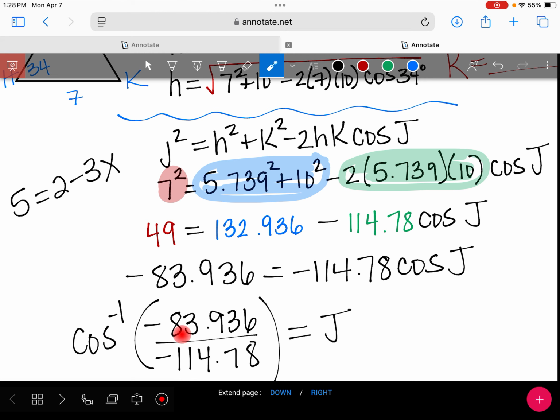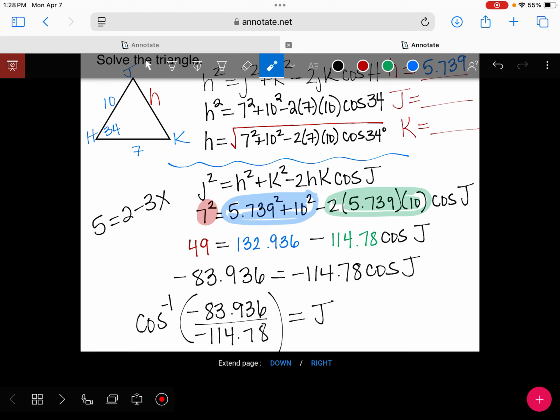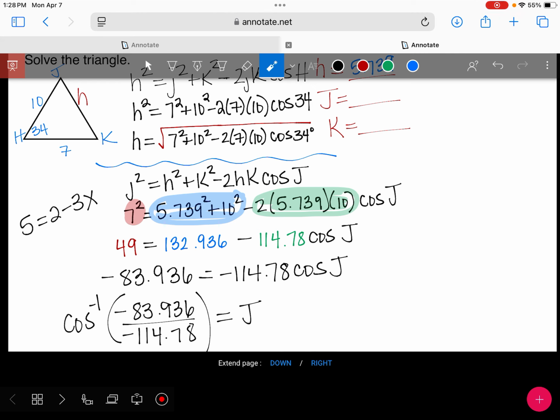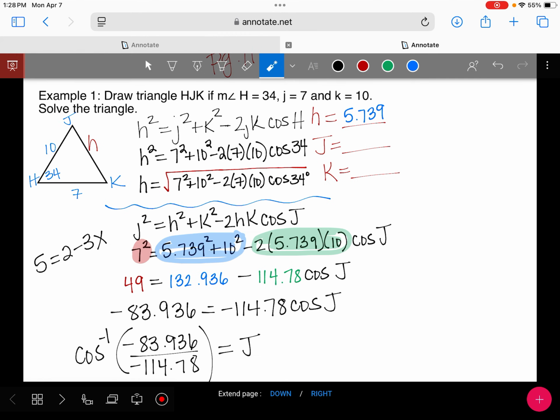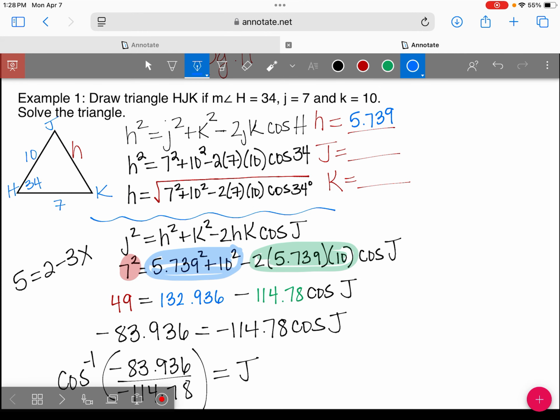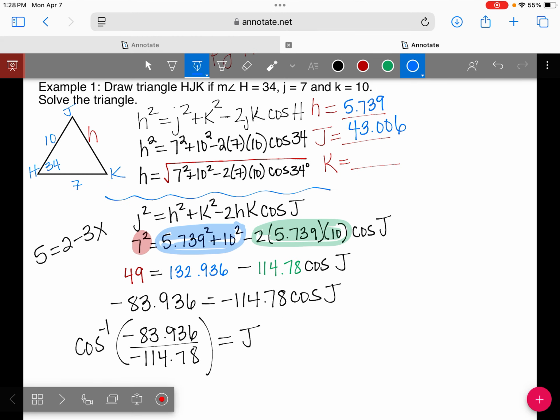Inverse cosine, hit the fraction button. If you do it correctly, you should get 43.006. Anybody get that?